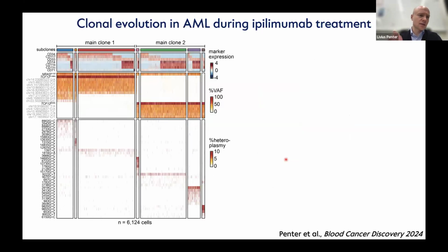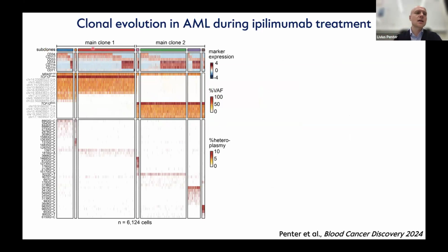And I just want to show you one example from a different publication. So this is a bit of a different story, but it still is a very nice illustration of how mitochondrial DNA mutations and somatic mutations are quite complementary. So here you see an AML, again, relapse after stem cell transplantation, and we're looking at different cells.